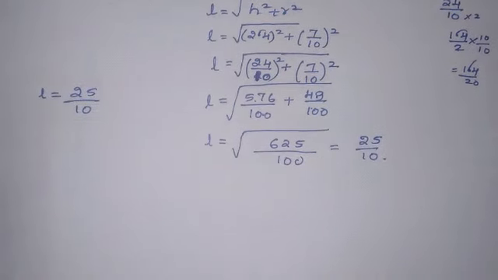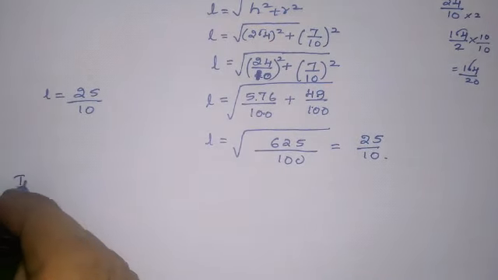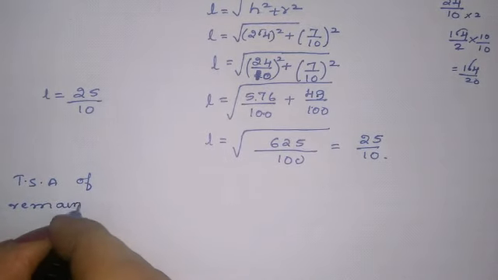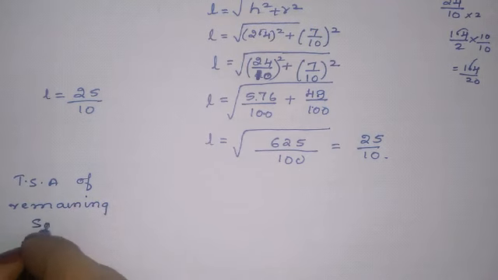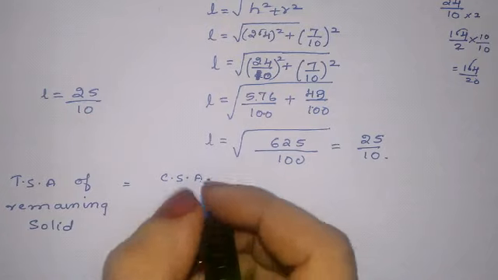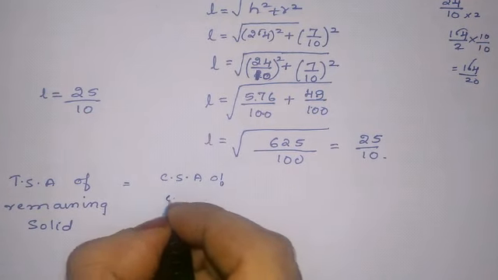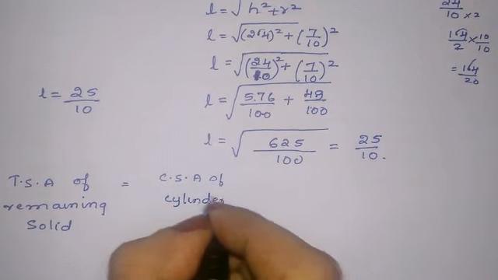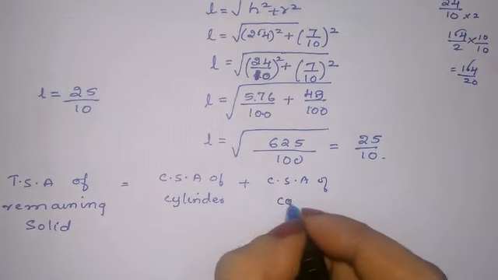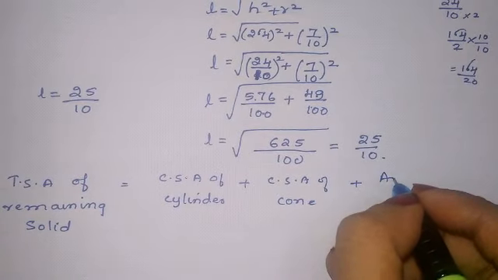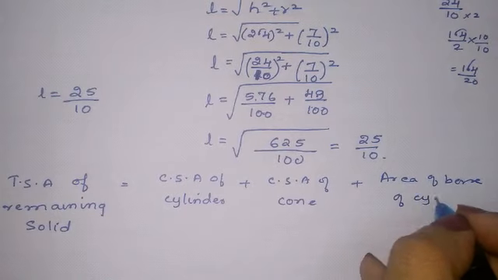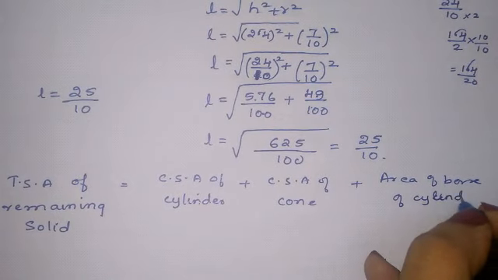So let us start finding now. TSA of the remaining solid is equal to CSA of cylinder plus CSA of cone plus area of base of cylinder, or cylindrical base you can write.